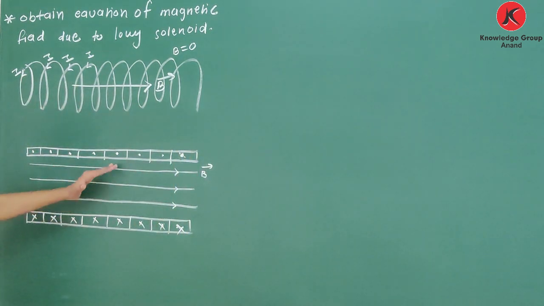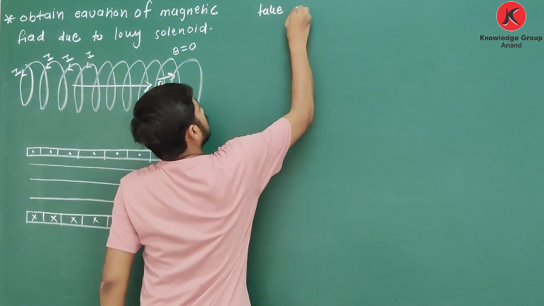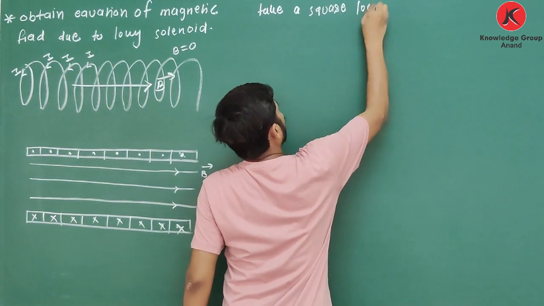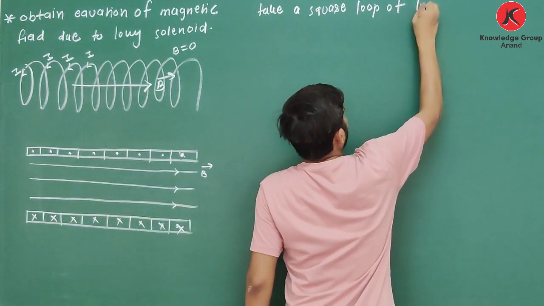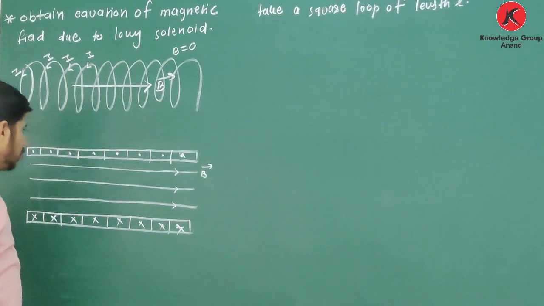Now we want to find what the magnetic field inside is. For that, I am taking Ampere's rule. Take a square loop of length L, like this.